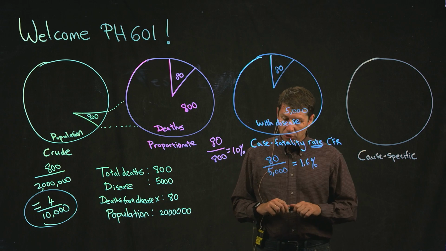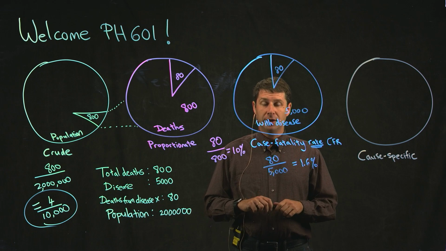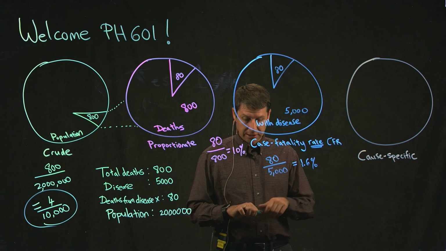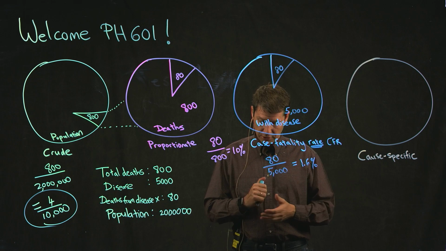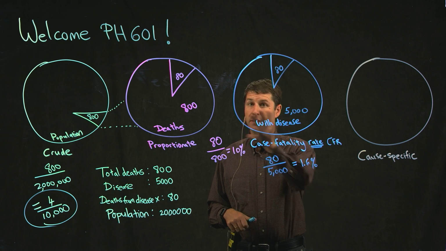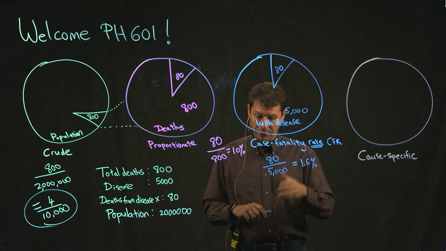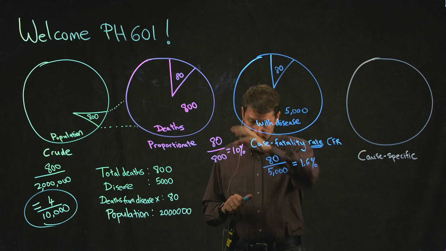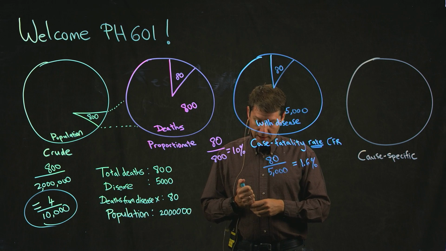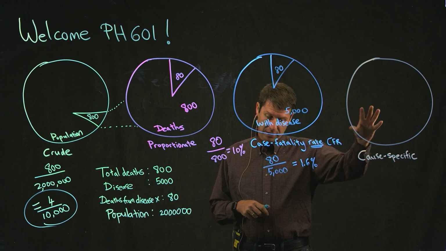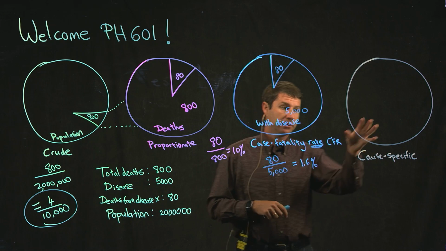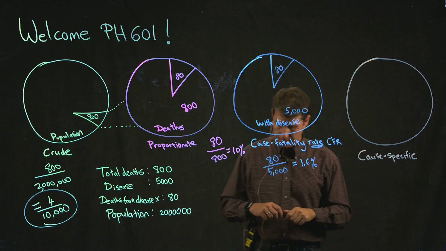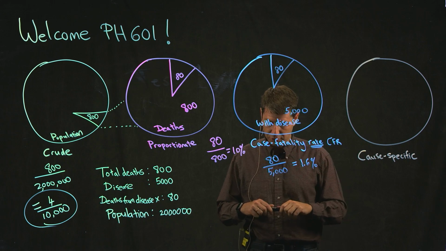Okay. So if you just look at proportional mortality or at case fatality, you don't necessarily see the whole impact on the community. You see the characteristics of the particular disease, how deadly it is, or the proportion of all deaths. But it doesn't tell you the impact of the disease on the community as a whole. So that calculation is the last one we're going to do now, known as our cause-specific mortality.